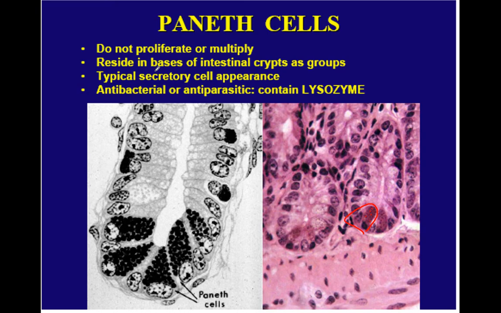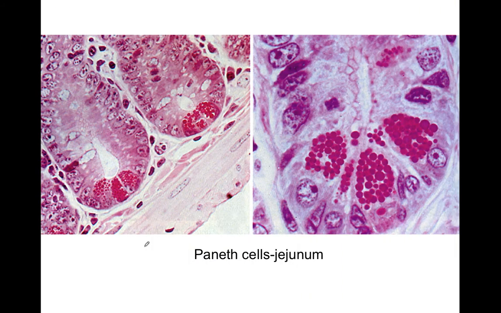As I said, they reside in the bases of the intestinal crypts. They are secretory cells responsible for protection, with antibacterial and antiparasitic agents, so they help against bacteria and also parasites. This is a scanning electron micrograph showing the location of these glands at the base of the intestinal glands.